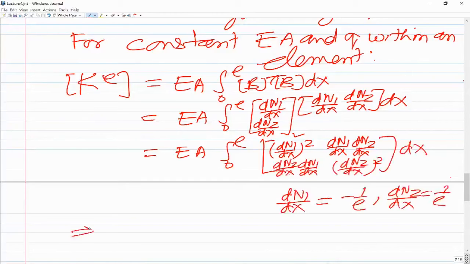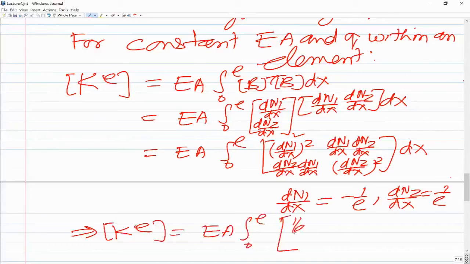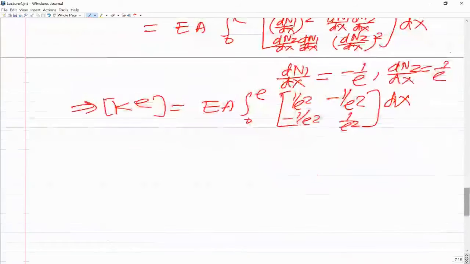So finally this Ke would be equal to EA integration 0 to L, dN1 by dx square will become 1 by L square, and dN1 by dx into dN2 by dx will become minus 1 by L square, minus 1 by L square, and 1 by L square dx. And now you integrate each term.